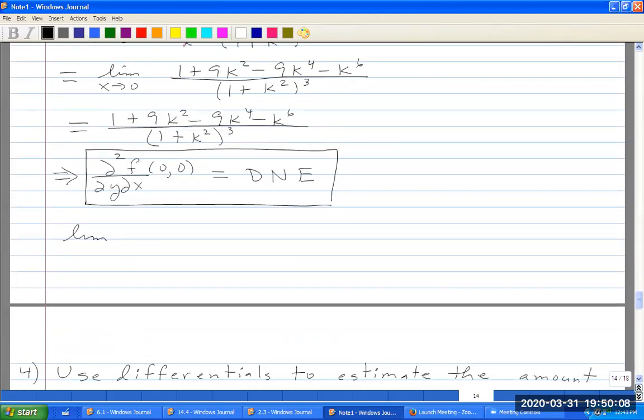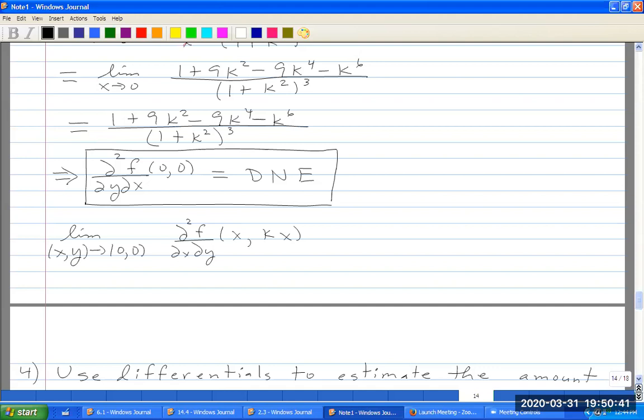We can take the limit as x approaches 0 of the second partial of f with respect to x, y of x, kx.